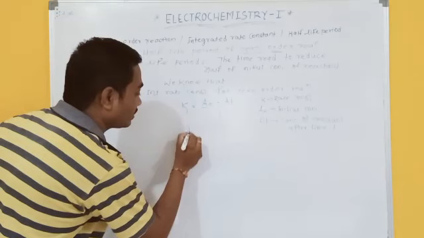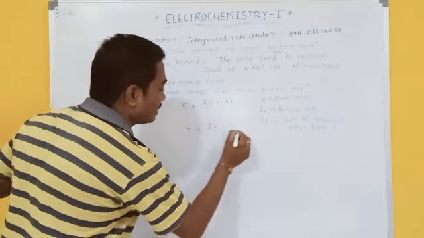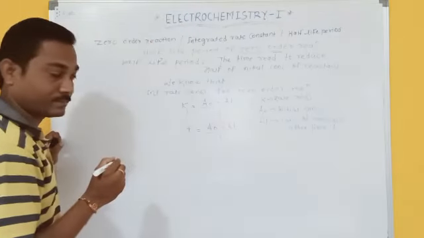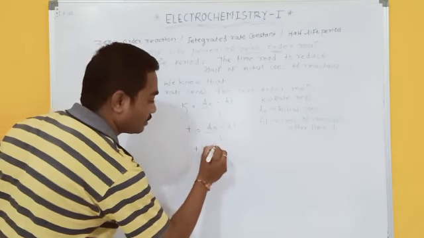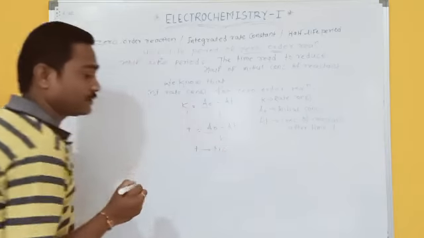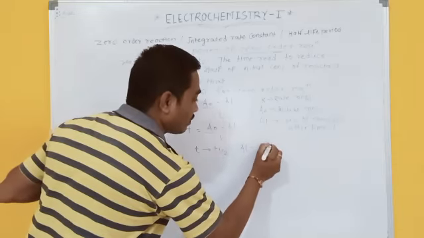Therefore t is equal to A0 minus At divided by k. When time changes to t half, then At changes to A0 by 2.